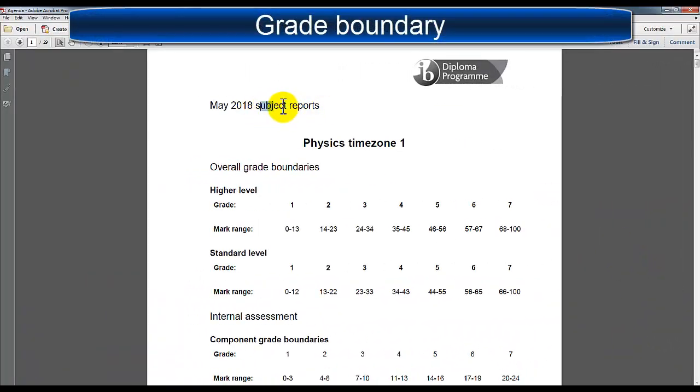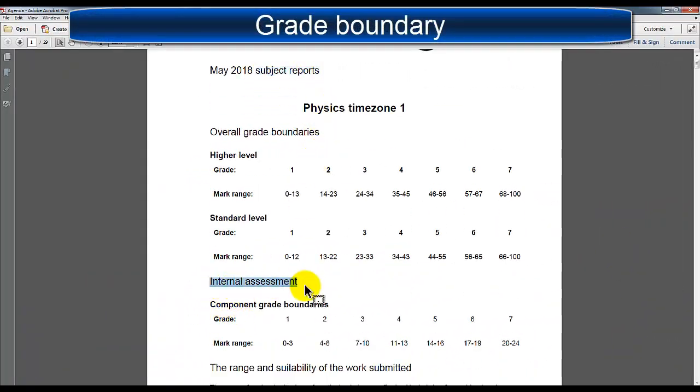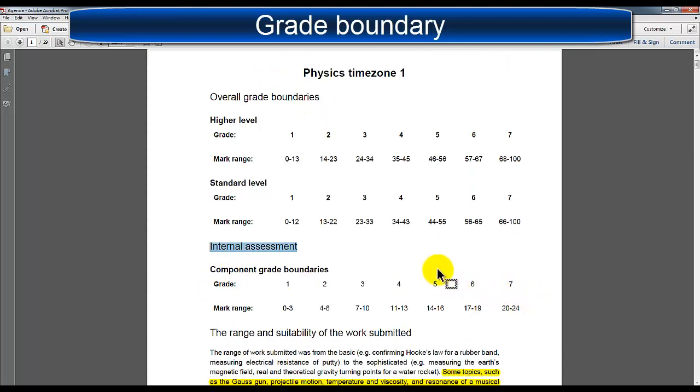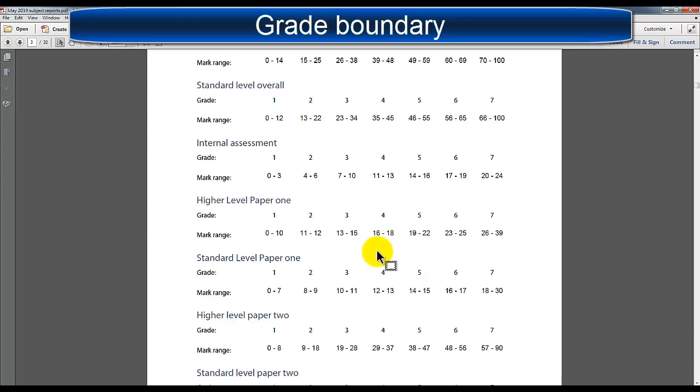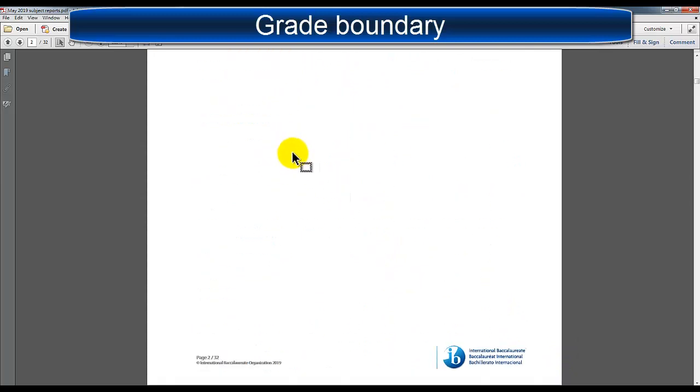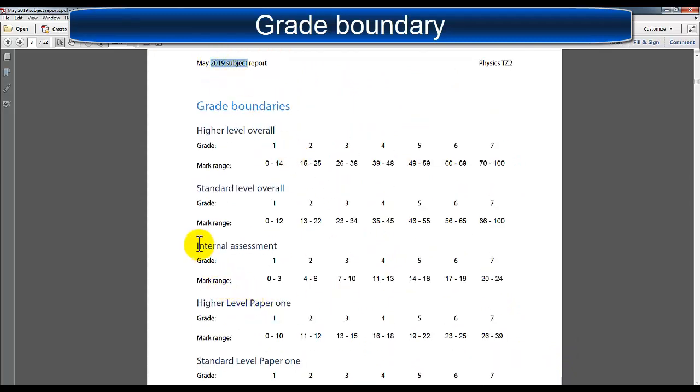Here is the subject report for the grade boundary for the internal assessment. You can see that for getting a level 7, you need to reach a minimum of 20 marks out of 24 in 2018. Actually, it's the same in 2019 here.